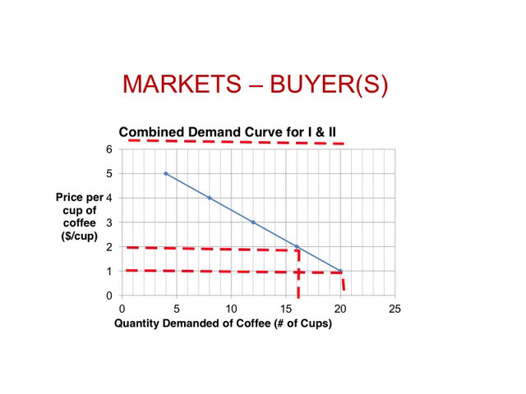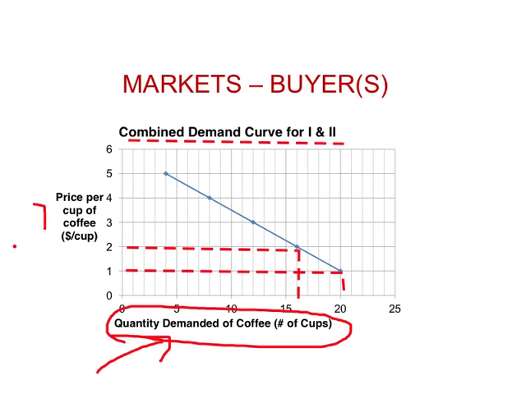How did we arrive at that? We have price per cup of coffee on the vertical axis, quantity demanded of coffee on the horizontal axis, and to determine the combined demand curve for consumers 1 and 2 taken together, what we have done is essentially added quantity demanded of coffee at each given price.